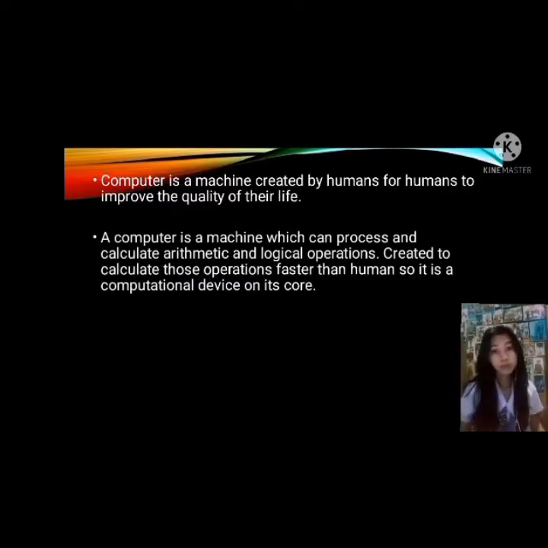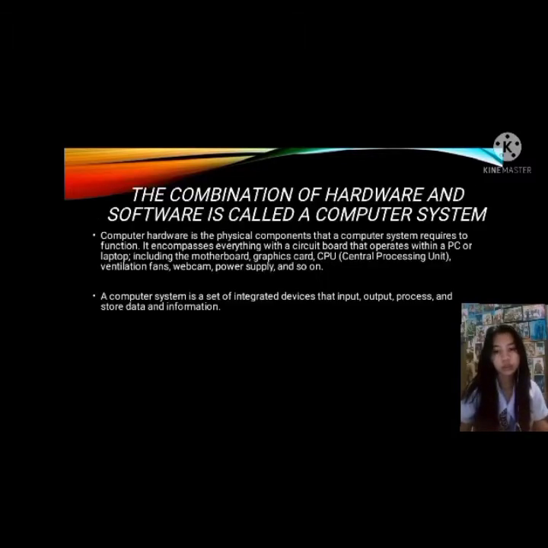So computers are created para mas faster nga ma-identify ang mga sala kaysa sa humans, which is the logical operations and ang pagsunod-sunod sa imubra, which is the calculate arithmetic, which is mas ma-identify ang pag-process if is true or false situations.